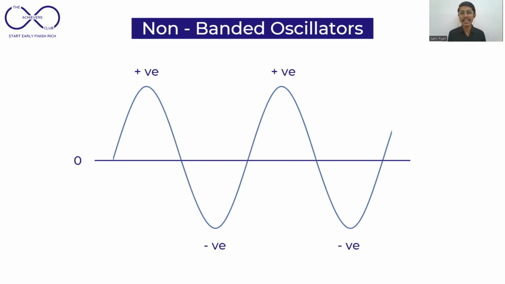Usually there are a lot of people in the trading universe who use banded as well as non-banded oscillators, like RSI, stochastic, MACD, and so on. But whatever tools you use in order to understand the momentum, all those indicators are going to indicate only one thing: whether that particular stock is bearish, bullish, or in a sideways zone.